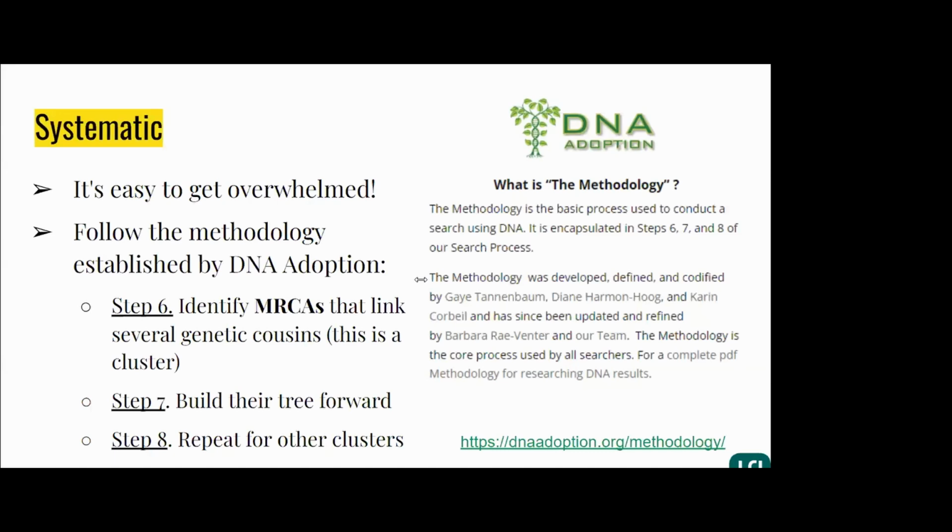And then their step 8 really gets us to what I was saying about this being a 2-step process, which is simply repeating those first 2 steps for other clusters that we find in our match lists as we work to identify the unknown parent or grandparent. So the 2-step process and being systematic really comes down to identifying those most recent common ancestors and building their trees forward.